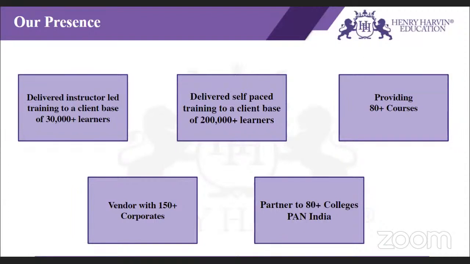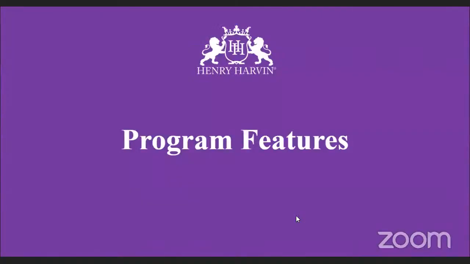We are providing some 80 plus courses, and we have some 150 plus vendors and corporates. We also go to colleges and give trainings as well. So we have 80 plus colleges pan India, right, whom we have tied up with.